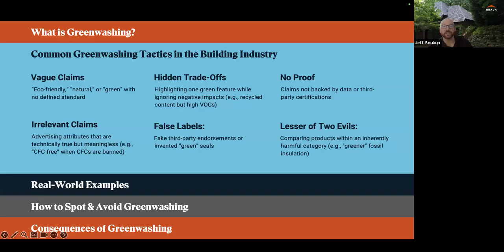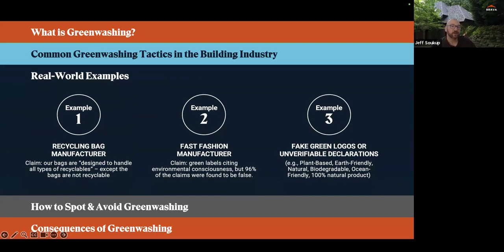Irrelevant claims, false labels. In the building industry, I don't know how many green labels there are, over 500, I'm sure. So just making sure that you're working with a good, reputable green label. And then lesser of two evils comparing, hey, this is greener than a really catastrophic product. So making sure that you're paying attention there.